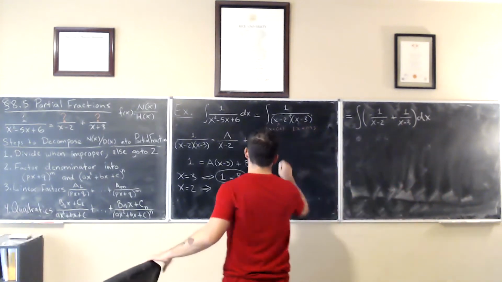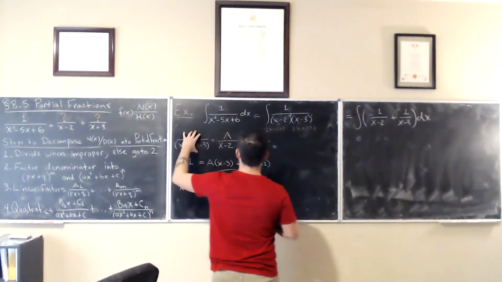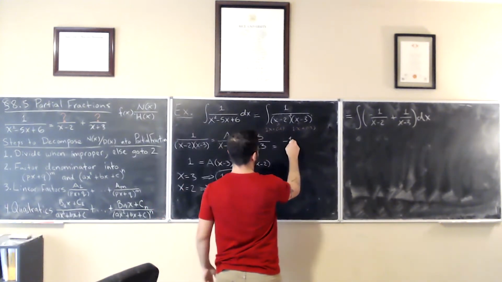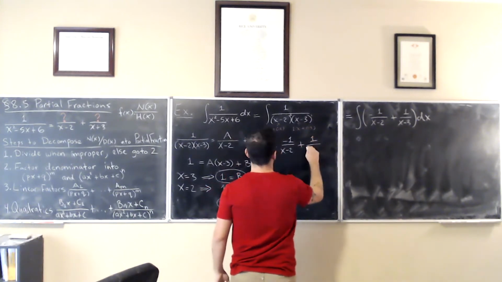Actually, we can verify this real fast just so you can believe me. So this is going to be equal to minus 1 over x minus 2 plus 1 over x minus 3.